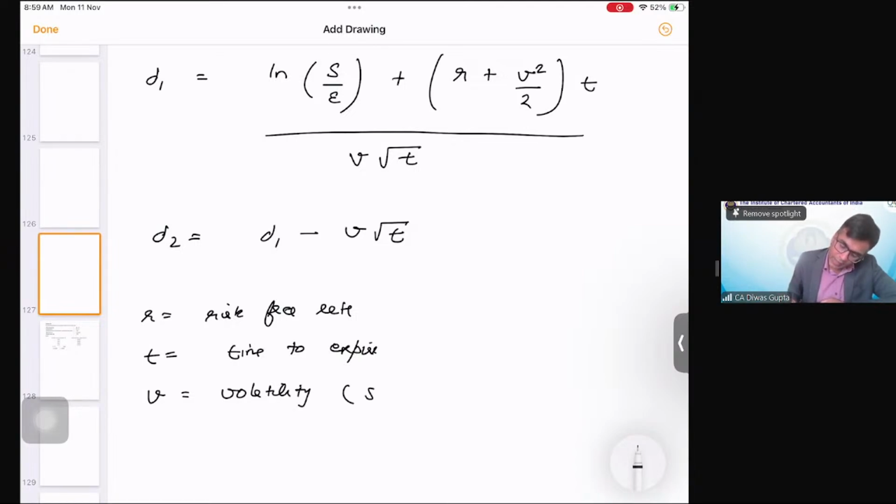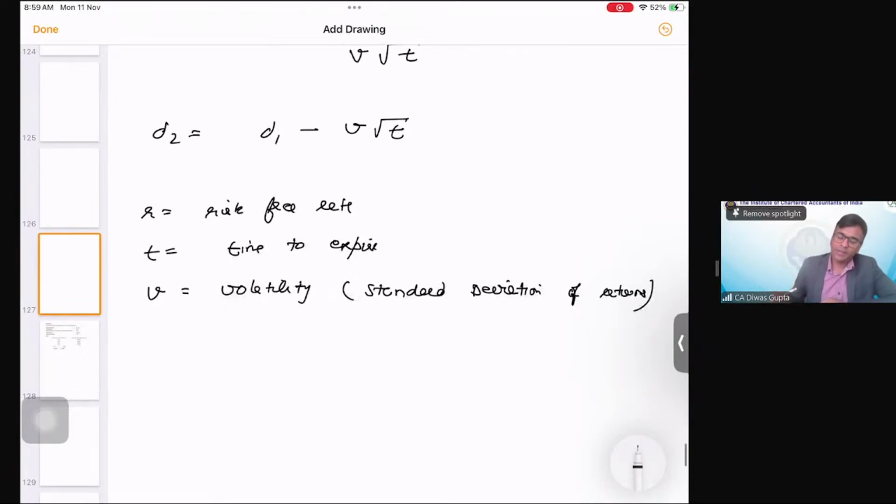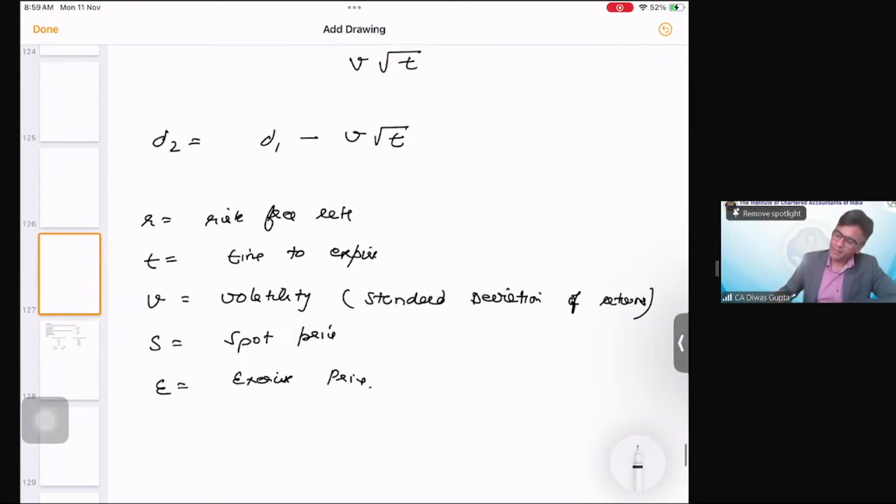This is called the standard deviation of returns. Correct? You would have studied this in your portfolio management. S is equal to spot price and E is equal to exercise price.